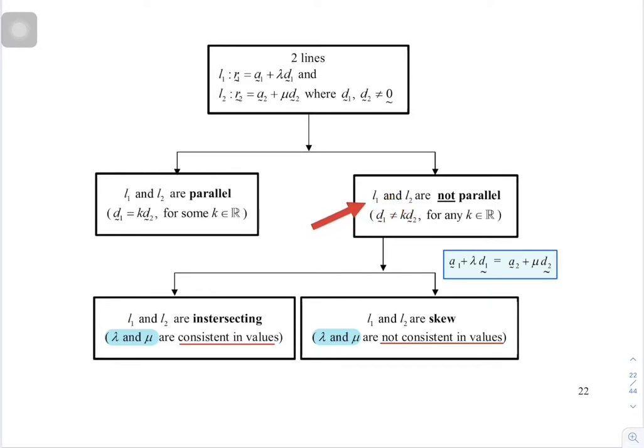If L1 and L2 are not parallel, then they could either be intersecting or skew. To determine whether they are intersecting or skew, we equate the two equations of the two lines and check for the values of lambda and mu. If the values of lambda and mu are consistent, then L1 and L2 are intersecting. However, when the lambda and mu values are not consistent, then we can conclude that L1 and L2 are skew.